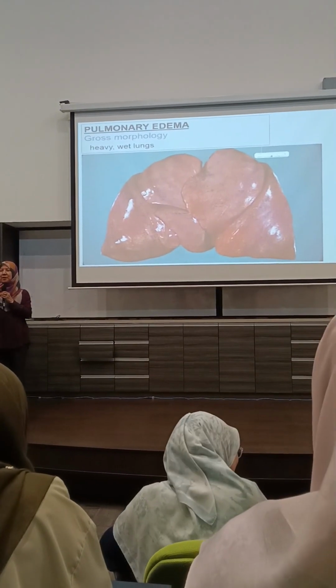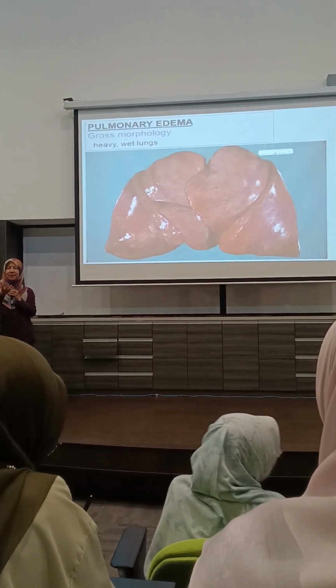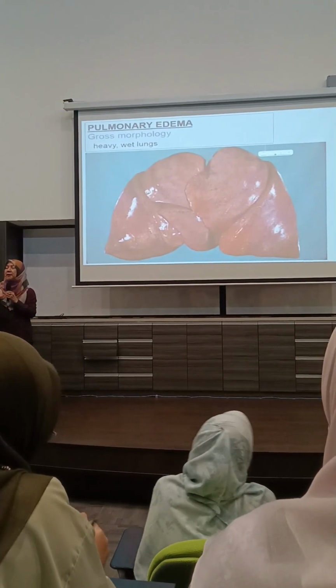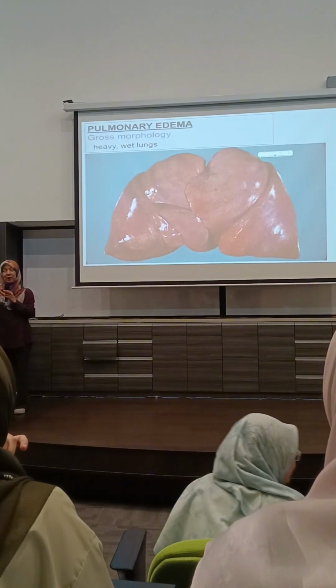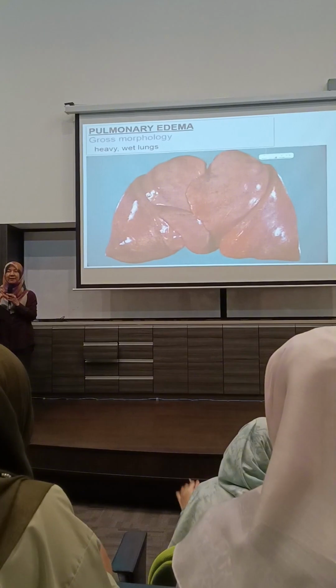So you see the lung, if you boil it with the egg, it's very light, airy. But this one is solid because it's edematous. It's got fluid instead of air.